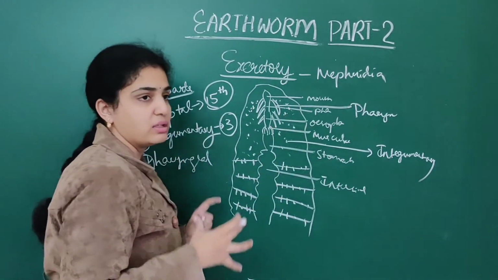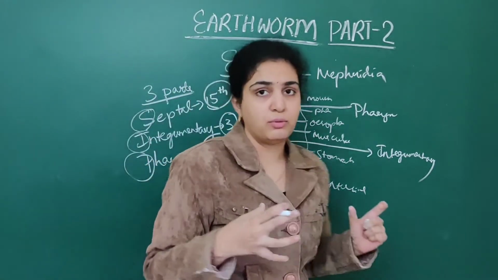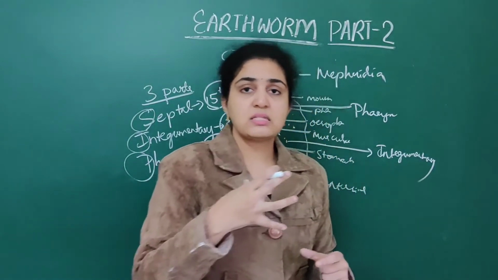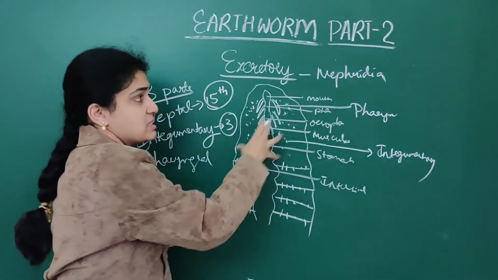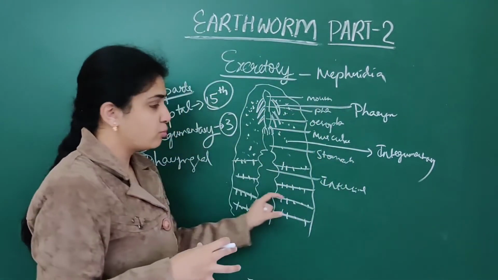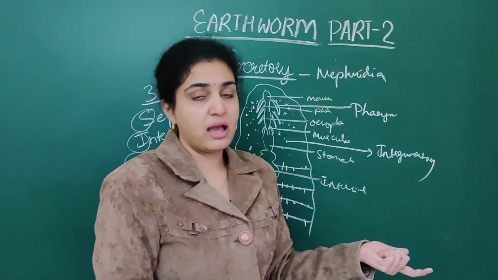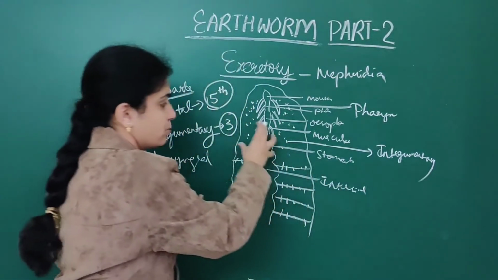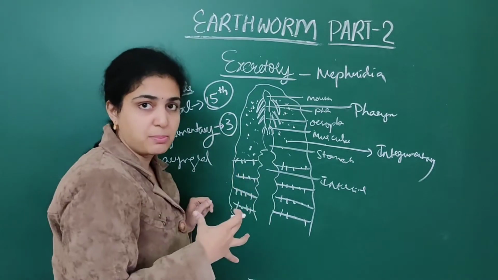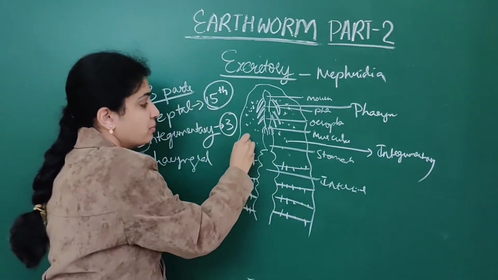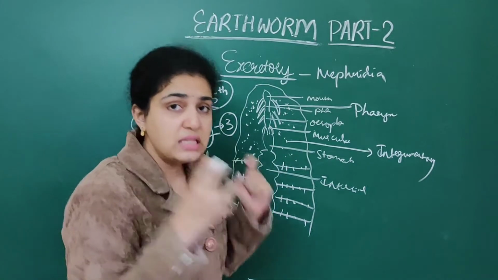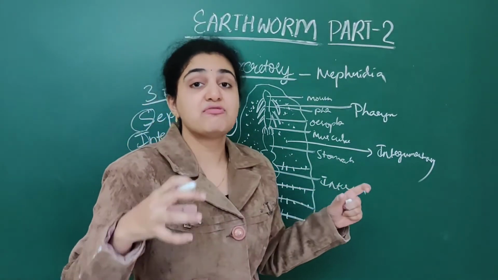So this is about the excretory system of the earthworm. These nephridia contain numerous nephridiopores. We already have learned that these are only pores which are present in nephridia. These pores will act as a funnel.